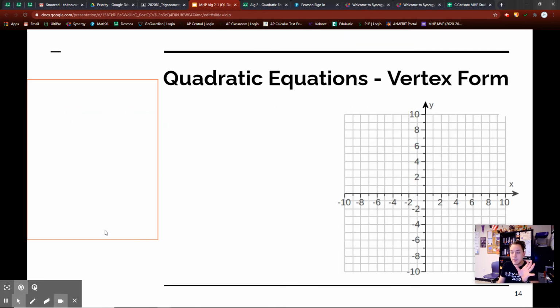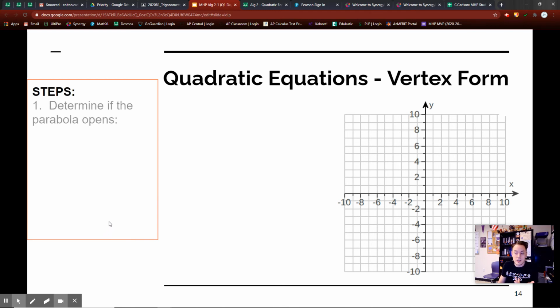Try to make the connection between absolute values, circles, and quadratic graphs, because really the steps are essentially the same. And the vertex, of course, like I showed you, is essentially the same. So the first step, when you're actually graphing this, is to determine if the parabola opens up or opens down. If a is positive, it opens up. If a is negative, it opens down. That's the reflection part.